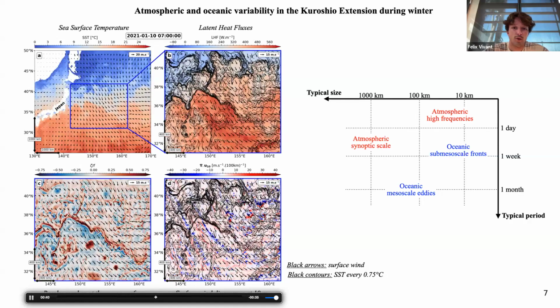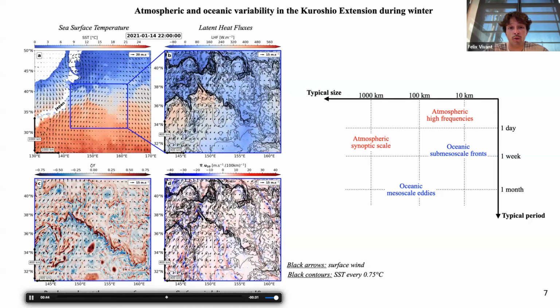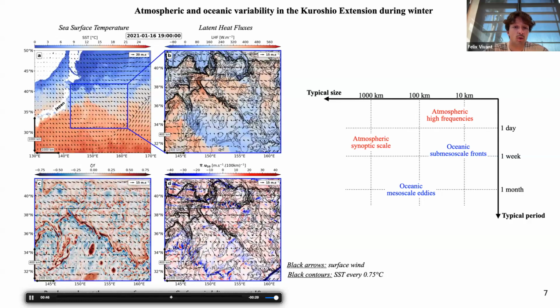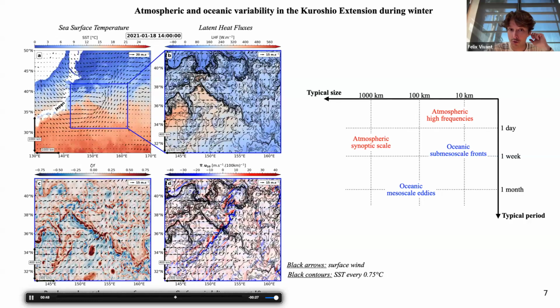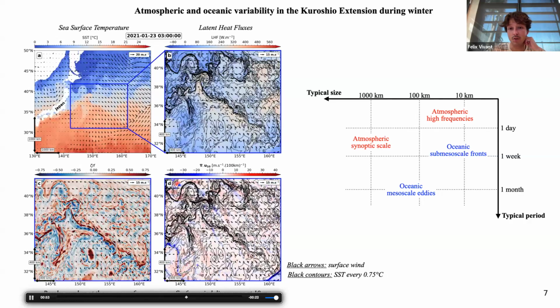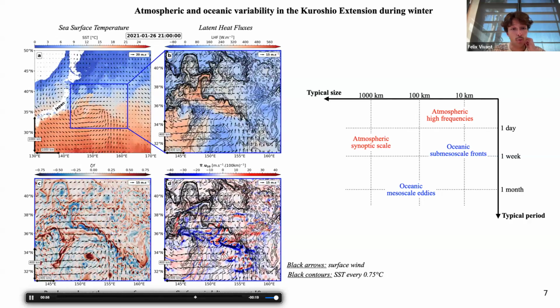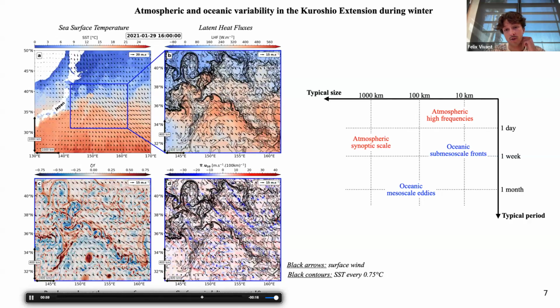Yeah, so we probably will have an answer with SWOT, because we're going to have high resolution data, and so we could compare, for instance, the response in terms of wind divergence, which is related to the parametrization at the surface.